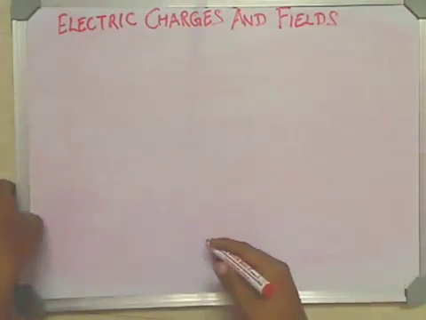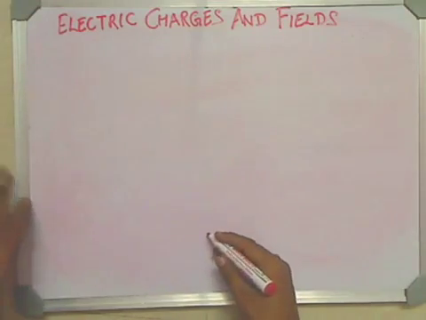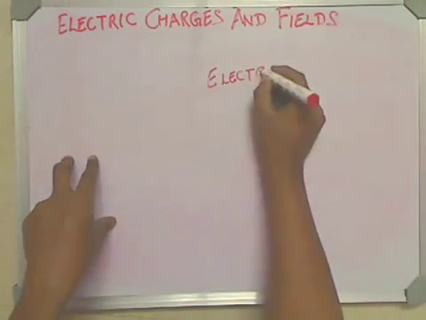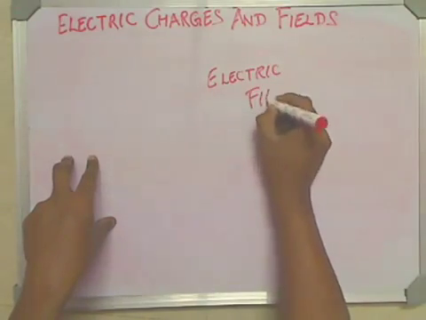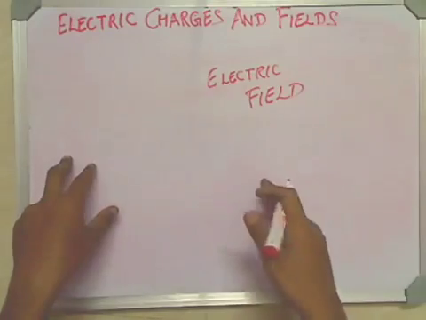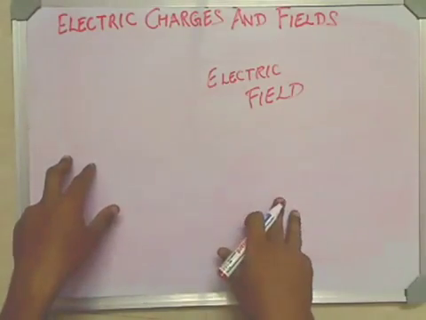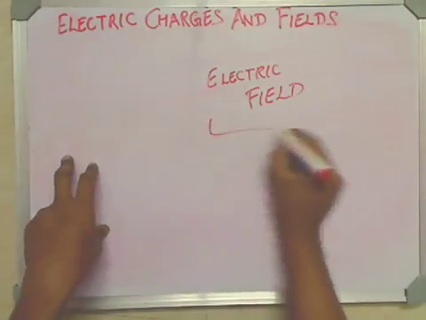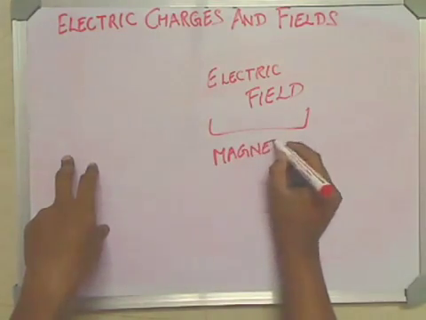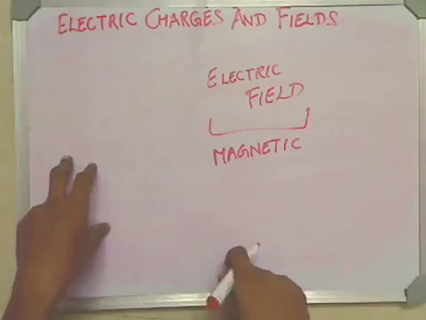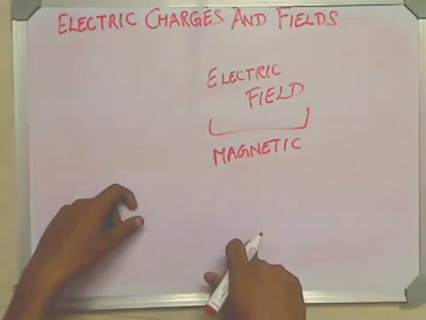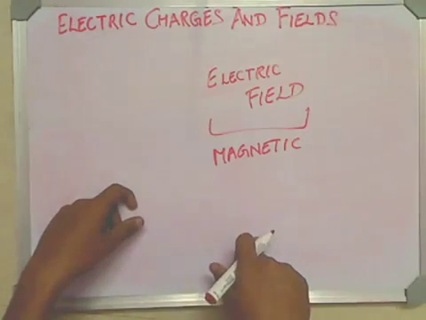Now, because of protons and electrons, you have an electric field that is generated. We've not been able to feel an electric field by ourselves, but if you compare this to a magnetic field, it's almost the same. It's not the same, but it's almost the same. In order to understand an electric field, it's better to start by understanding what a magnetic field is.